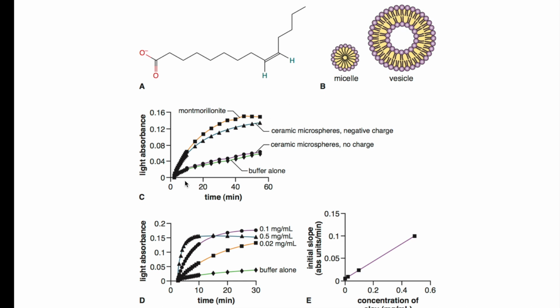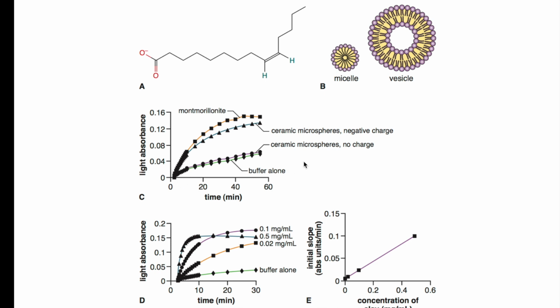So here's an experiment where they measure how these things scatter light in solution. They are essentially fat, and fat mixed into solution makes it cloudy, and so that will absorb light, and the more light absorbed means a higher concentration of these things in solution.